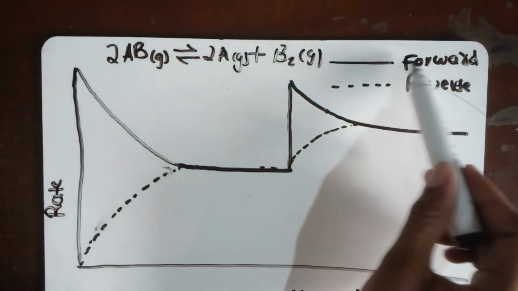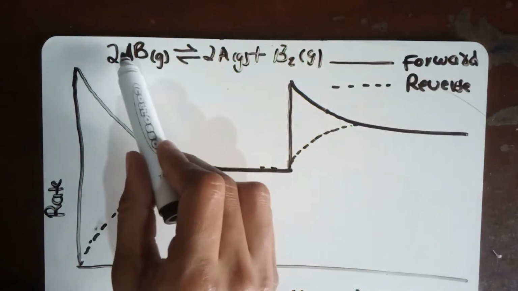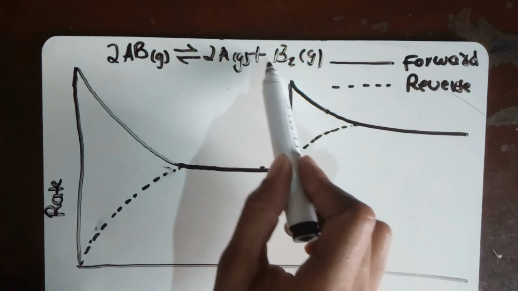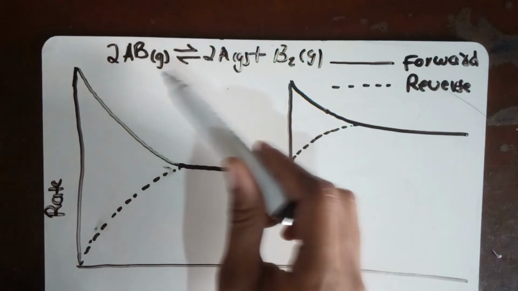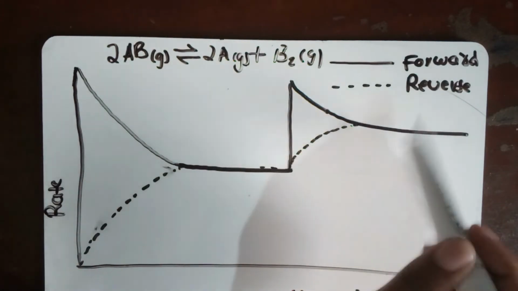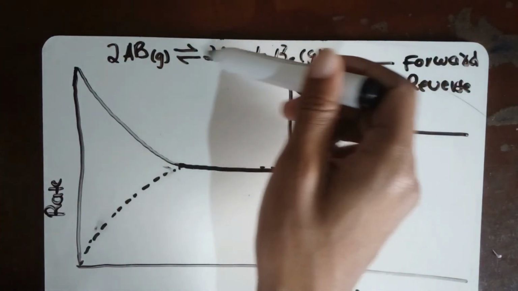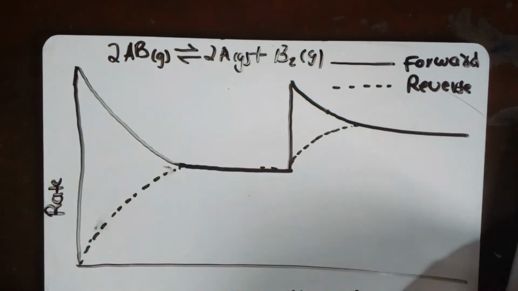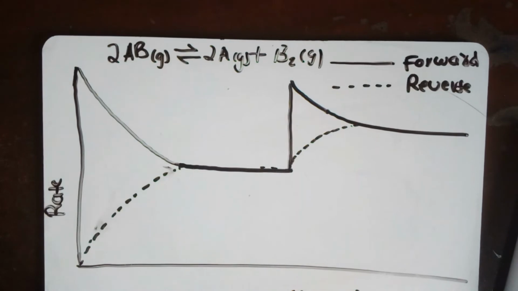The straight line is the forward reaction, so that will be 2AB gives us 2A plus B2, right? And then the reverse reaction is the dotted line, which means B2 plus 2A gives us 2AB. So your product is turned back into reactant, right? Cool.